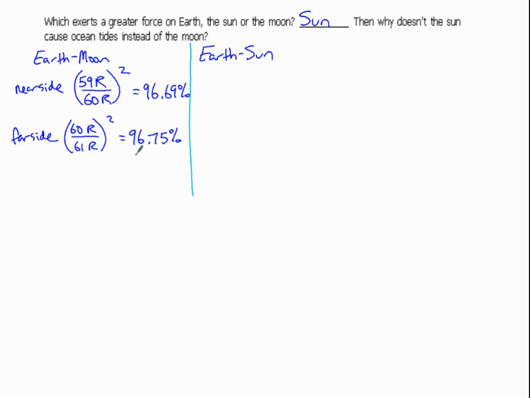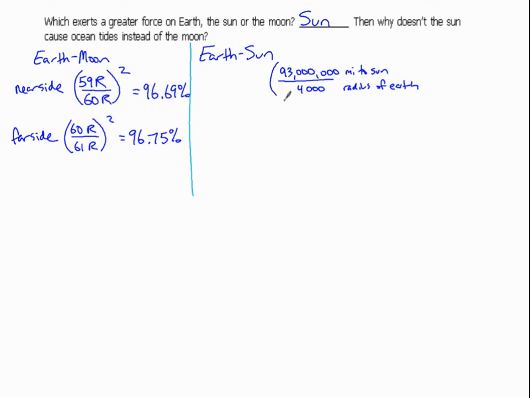So first let's look at the relationship here. 93 million miles from the Earth to the Sun, over 4,000 miles, which is the radius of the Earth.